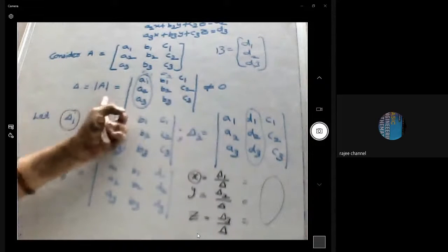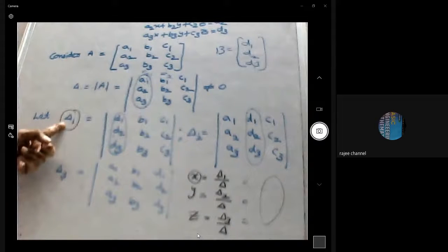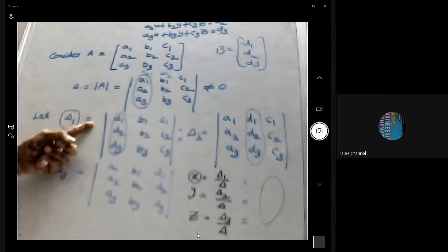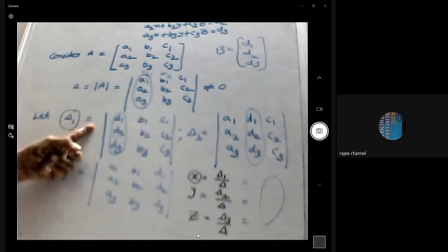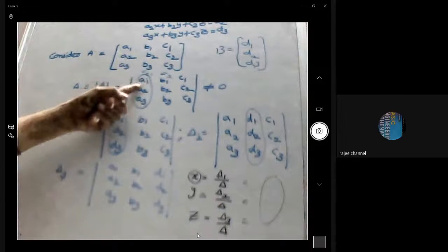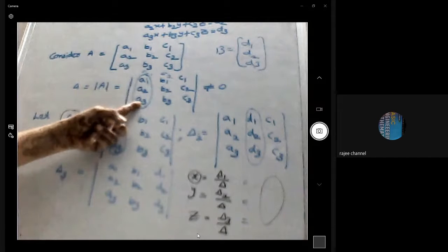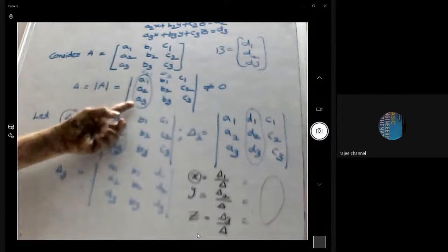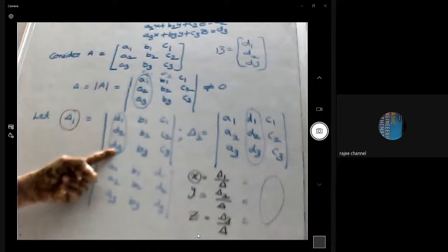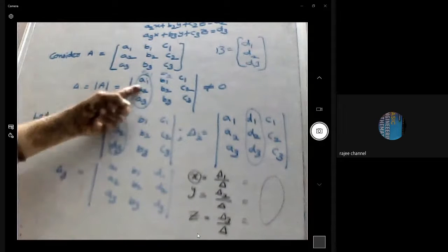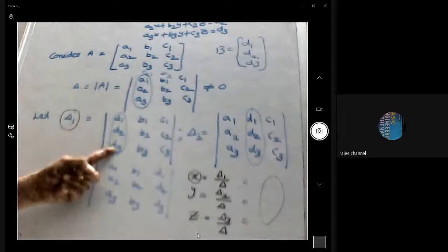Okay. So next, we find the delta 1 value. That delta 1 is obtained by replacing the first column a1, a2, a3 of delta by the constants d1, d2, d3. In the place of a1, a2, a3 we take d1, d2, d3.